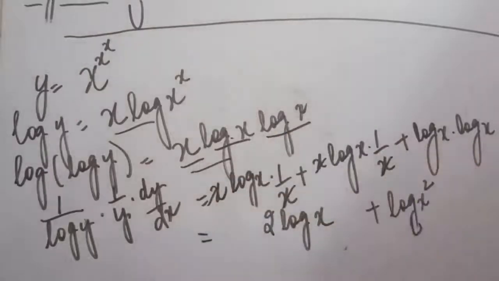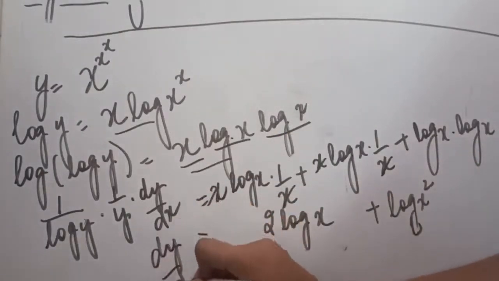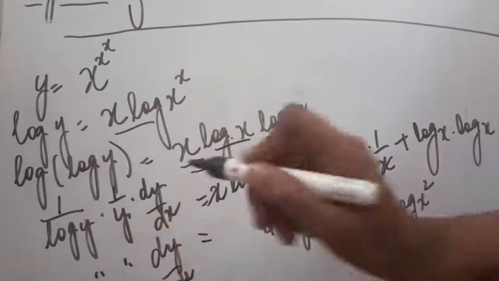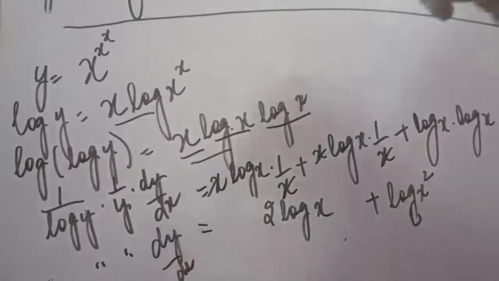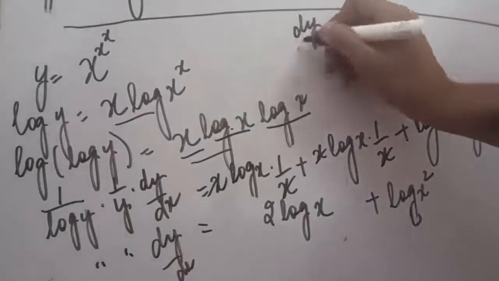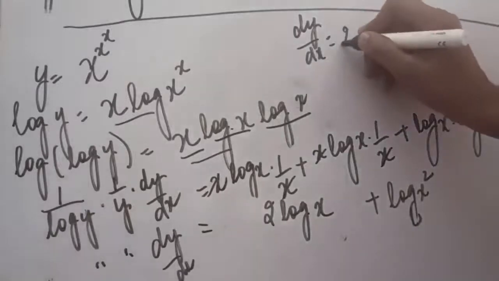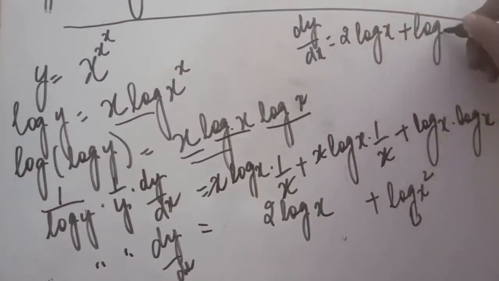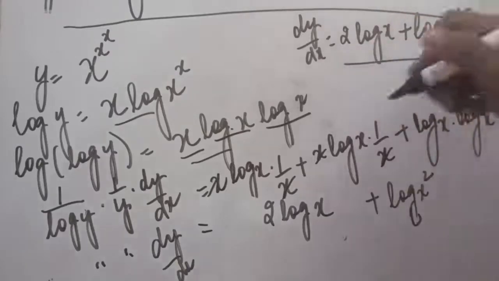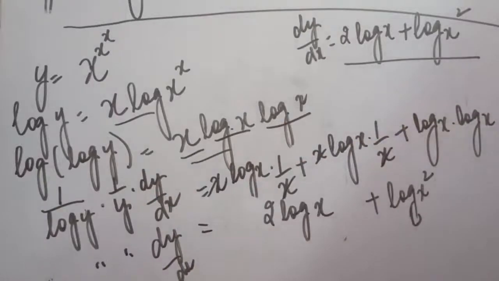On the left hand side we are having this. So if you want to now calculate dy upon dx, here we have still this left. So if you want to write this, how will we write it? So dy upon dx will be equal to, the right hand side will be exactly same, 2 log x plus log x square divided by, so it will be divided, ultimately it will be multiplied, it will go above.